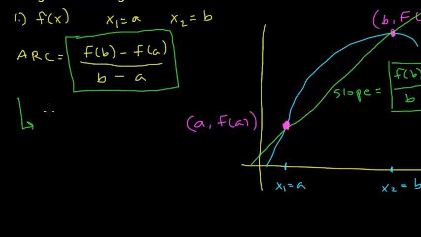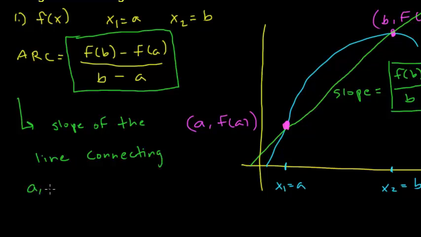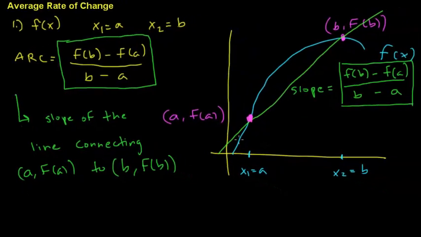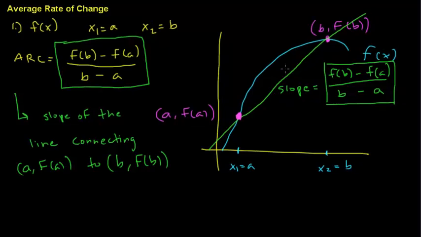So visually, the average rate of change is just the slope of the line that connects the point a comma f of a to the point b comma f of b. All right? The average rate of change, thinking about it visually, is the slope of this green line.